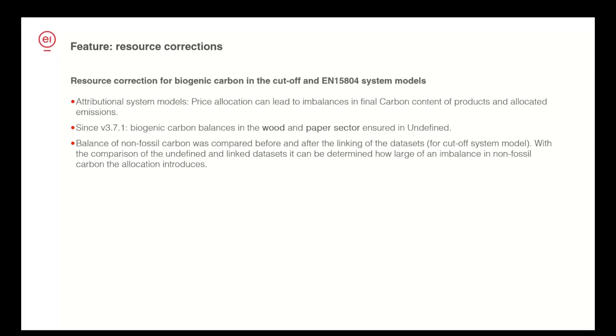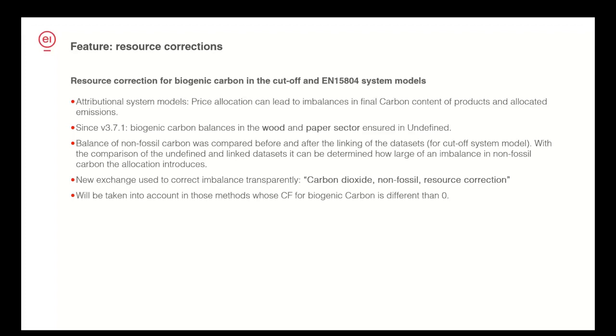This imbalance was subsequently corrected by introducing a new exchange called carbon dioxide, non-fossil, resource correction in the dataset, which is then used and taken into account by those methods that have a characterization factor for biogenic carbon that is different than 0.